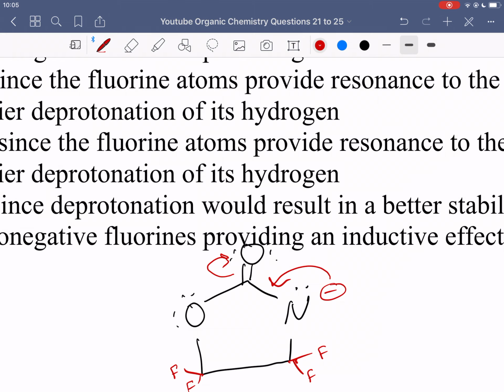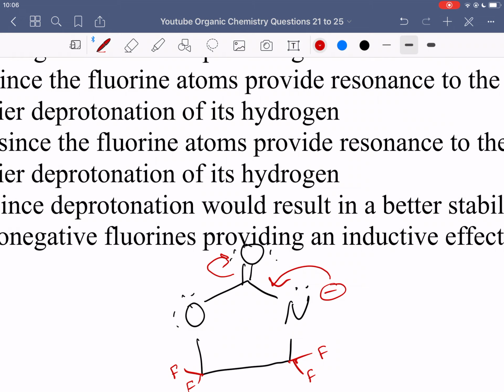But an important thing to keep in mind is that the addition of those fluorides really did not add that ability of resonance to take place. The resonance takes place because we had a carbonyl, because we're talking about an amide. Amides already always go through this resonance in between the nitrogen and the oxygen. That's just a key property of amides. And so adding those fluorides did nothing. So this is kind of irrelevant to what's going on in terms of the acidity.